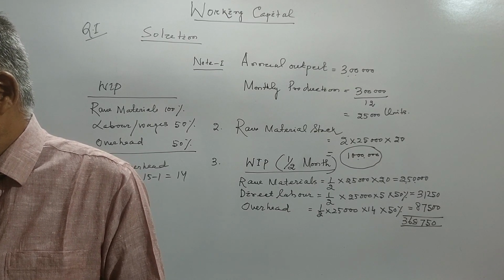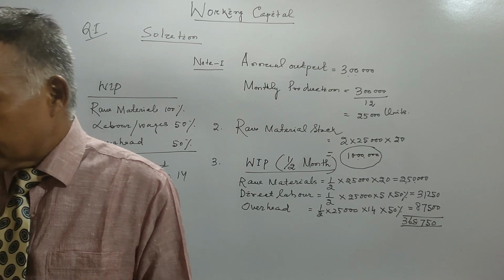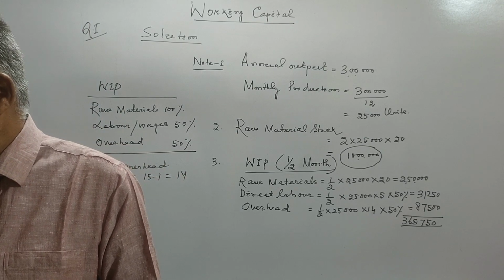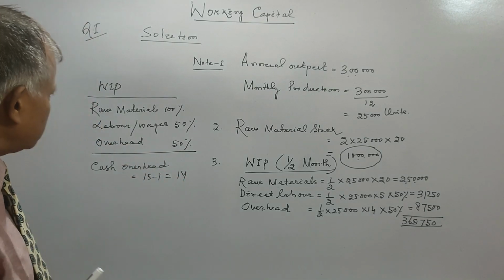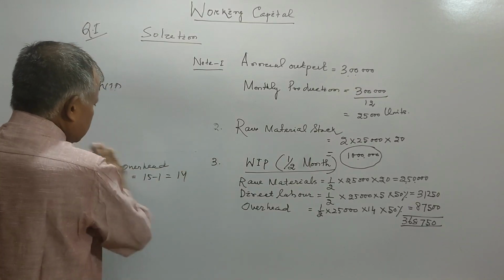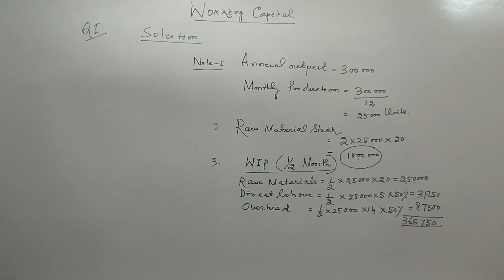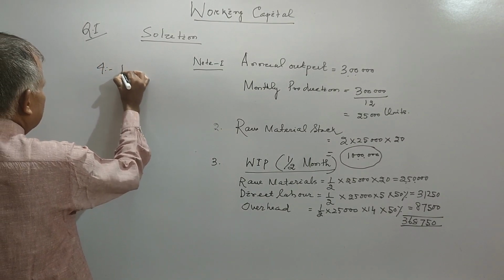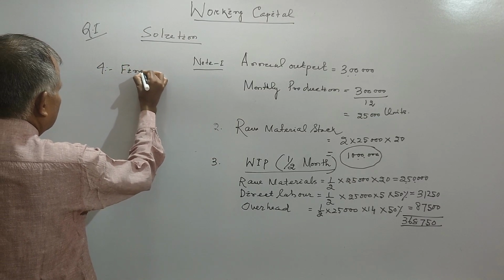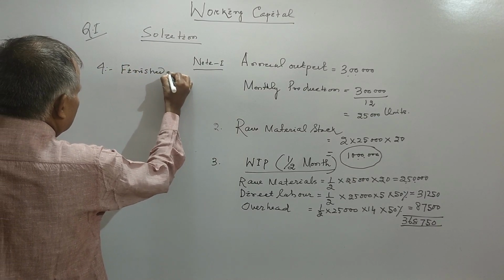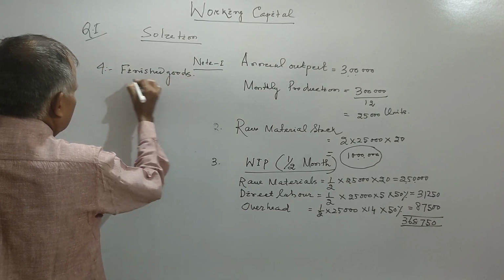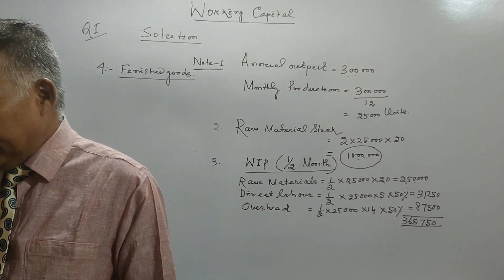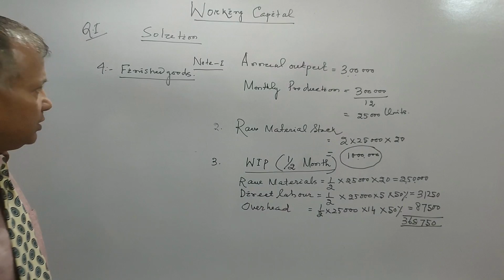So finished goods on an average for a month. Finished goods remain in a warehouse on an average for 1 month. So when we value the finished goods, and these finished goods are taken on an average for a month.